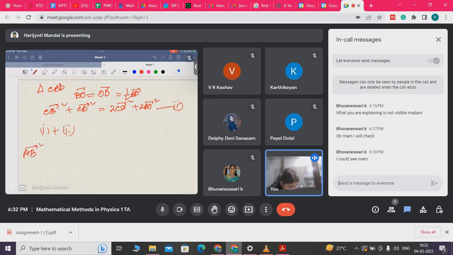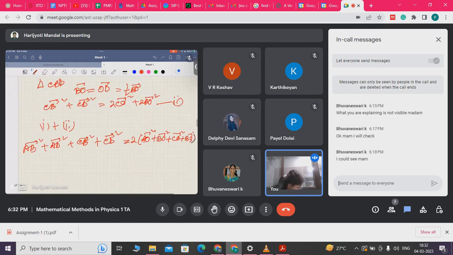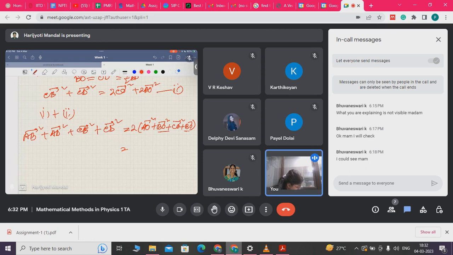Now if we add 1 and 2, we get AB square plus AD square plus CB square plus CD square is equal to 2 into AO square plus BO square plus CO square plus BO square.